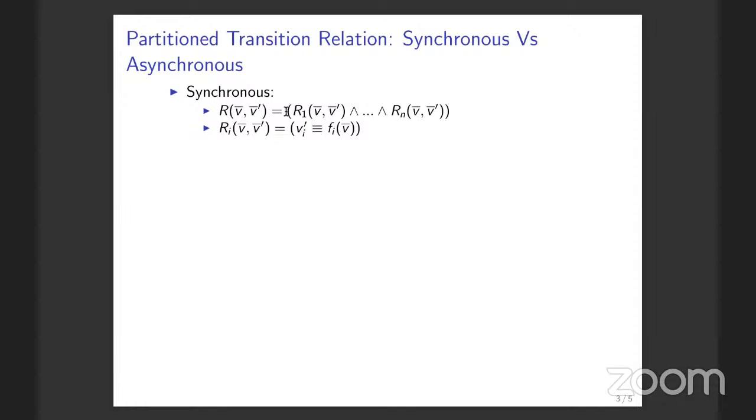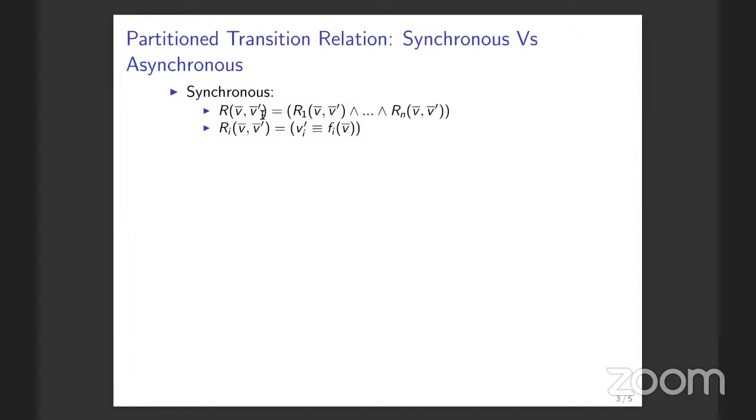One way is to construct the transition relation by taking the individual BDDs for each component module, applying the conjunction of all of them, constructing a monolithic transition relation, and then eliminating variables individually, repeatedly.